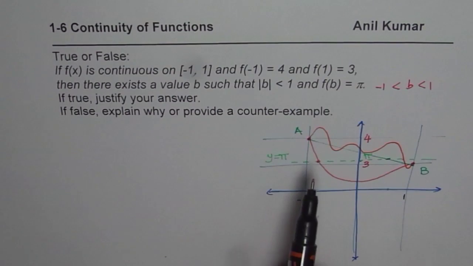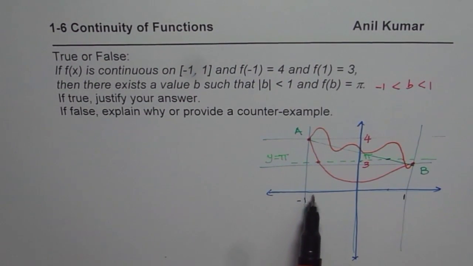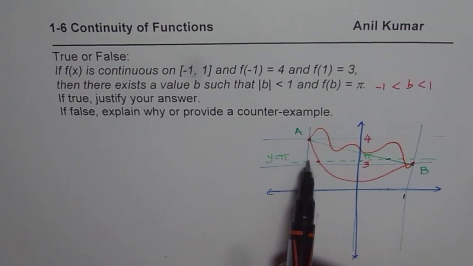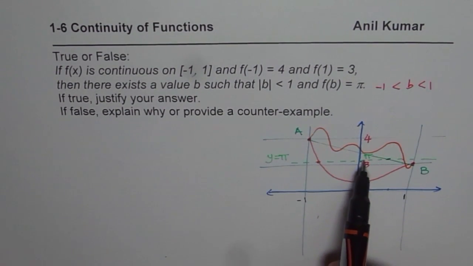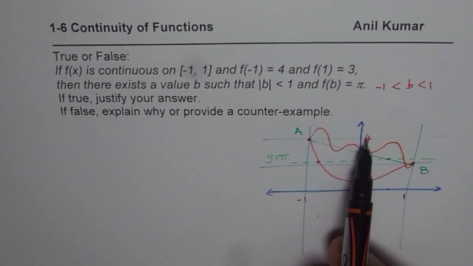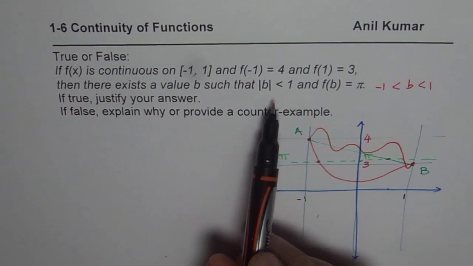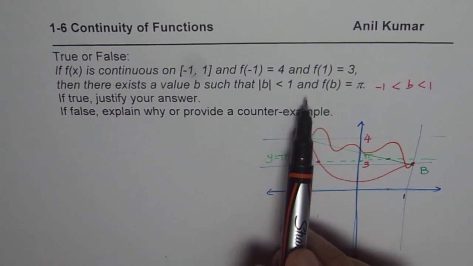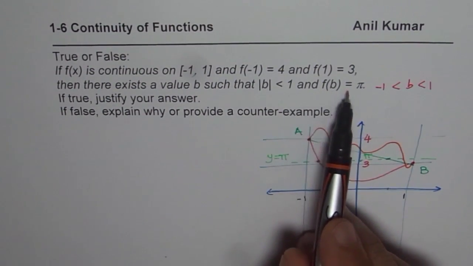So it is very clear from here that if we are working on a domain which is continuous, then every value in between will have some x value. In this case, pi is between 4 and 3, and therefore the statement that the absolute value of b is less than 1 will always provide me with some point where f of b is equal to pi.